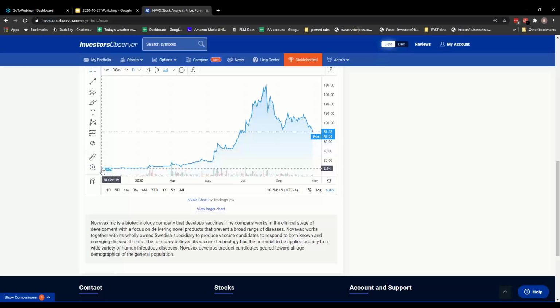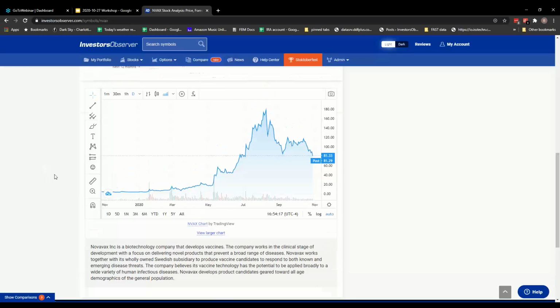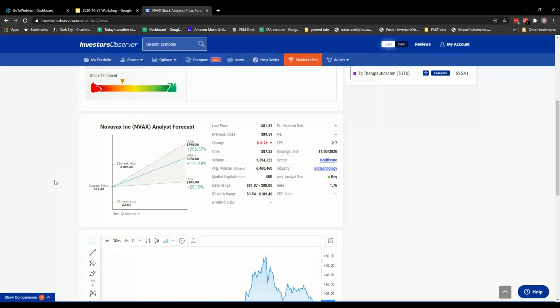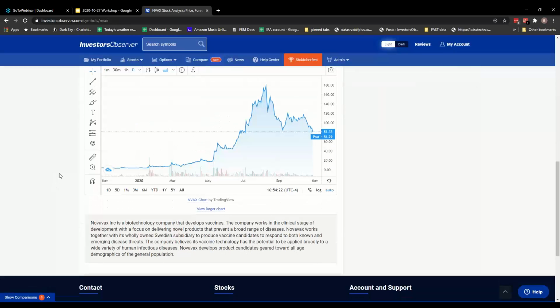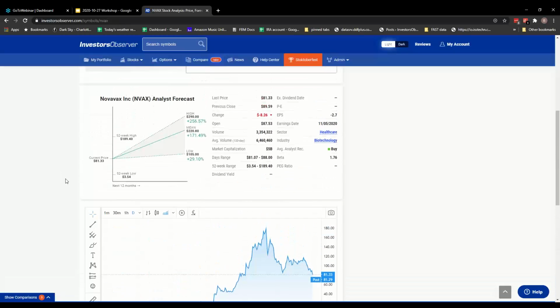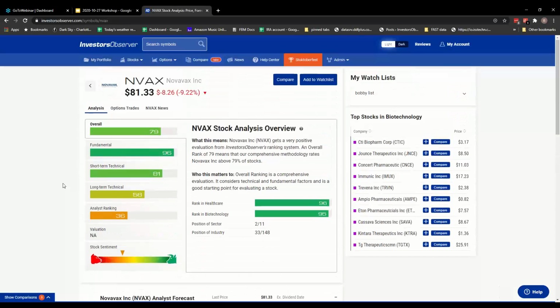This thing was $3 a year ago. And I know they're in the vaccine space. Again, if I had to guess the next 2%, I'd say probably down, but you could hit that at 9:35 tomorrow. That's not really going out on a limb.